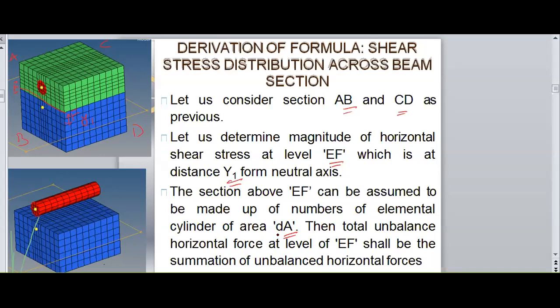Now I need to find out all the forces developed by such fibers. Such fibers, for all the area above EF, that is the green colored area, we will have a summation of forces. We did this for a small element, a small fiber, and on the line EF we will have infinite such fibers. That is, we can calculate by considering small elements.